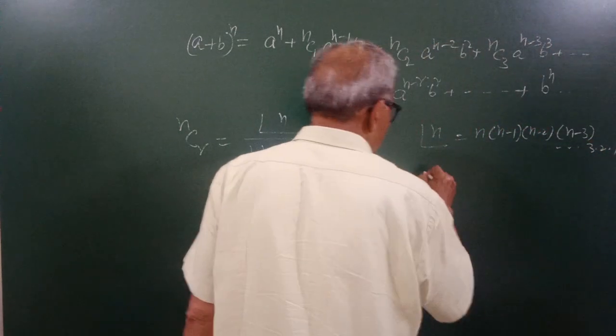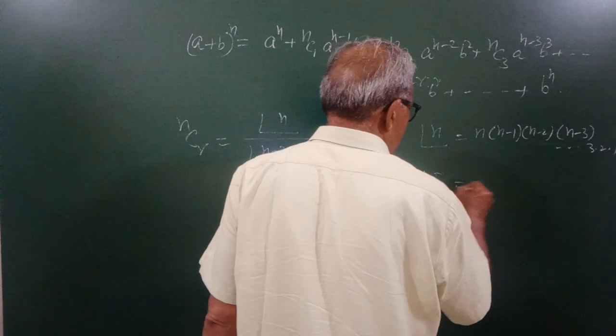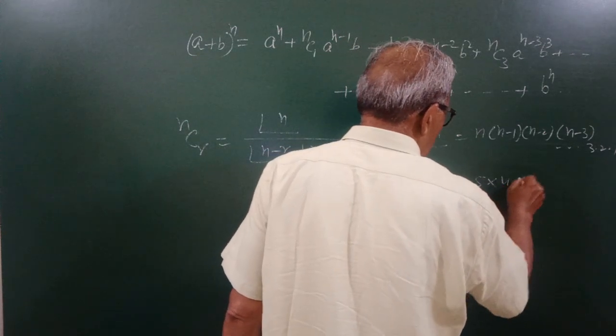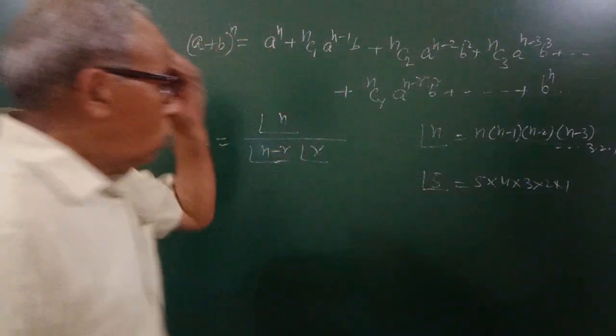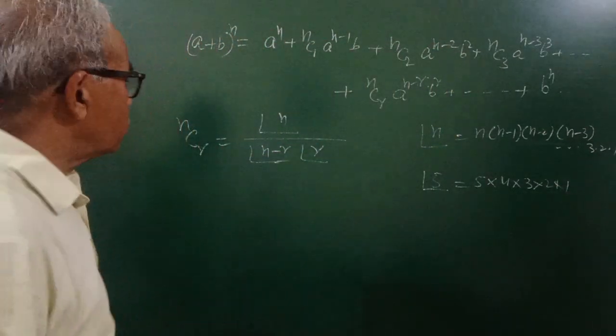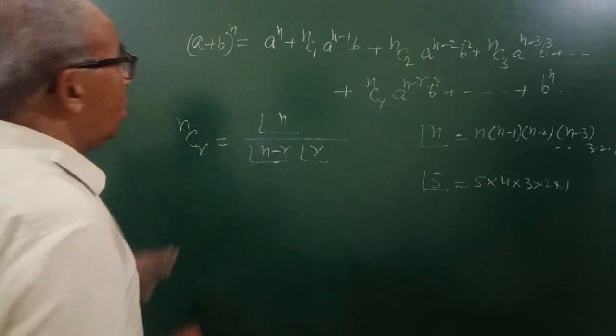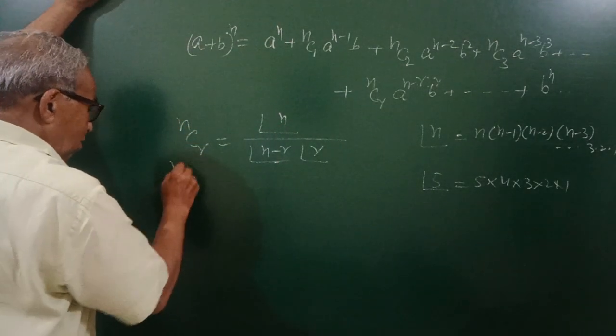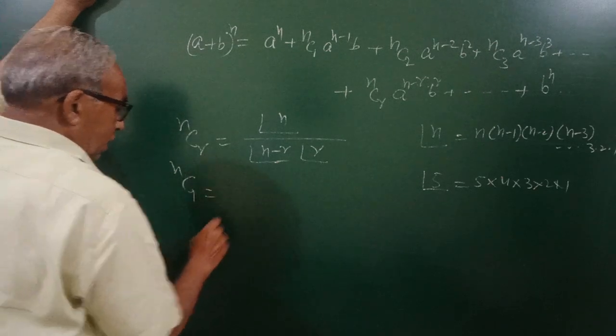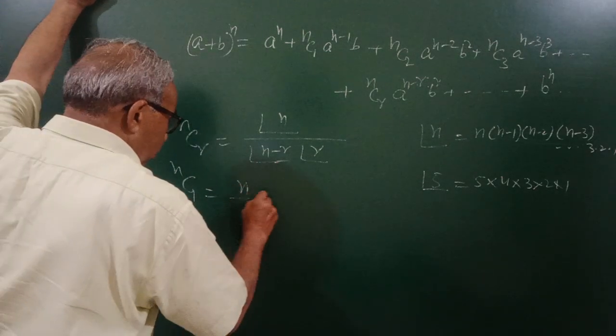For example, factorial 5 means 5 into 4 into 3 into 2 into 1. This is factorial 5.